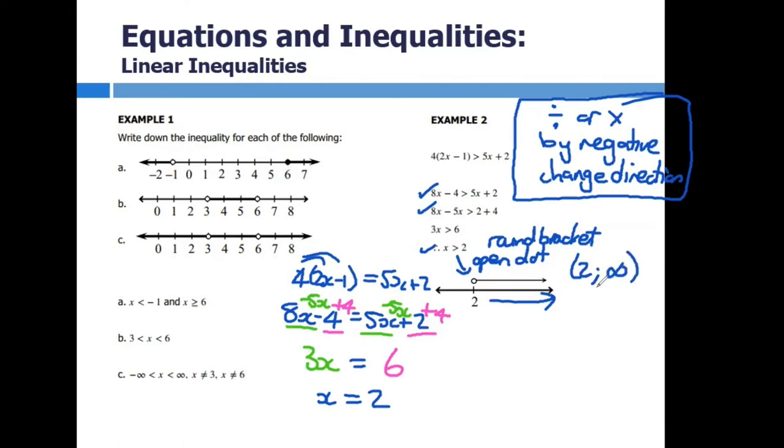Okay, so that's what it looks like with the interval notation. So it looks like coordinates, but it's not, and you always go from small to big. Okay, every single time the smallest value must go first.